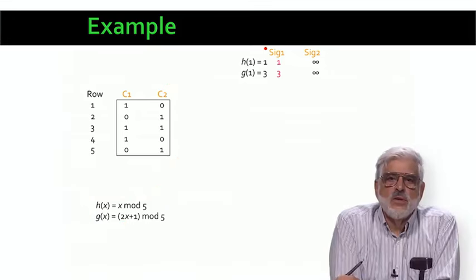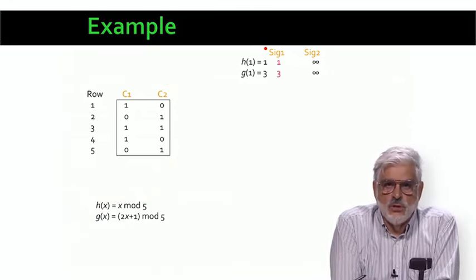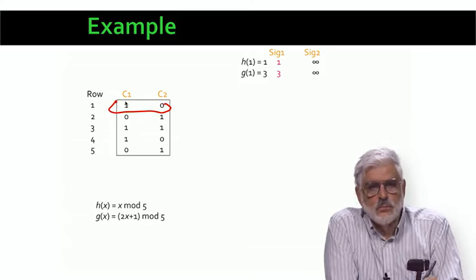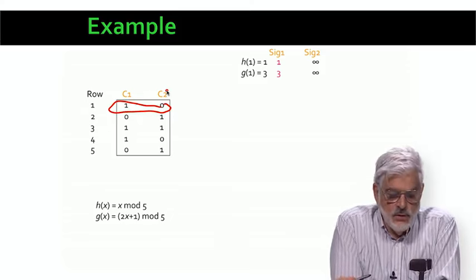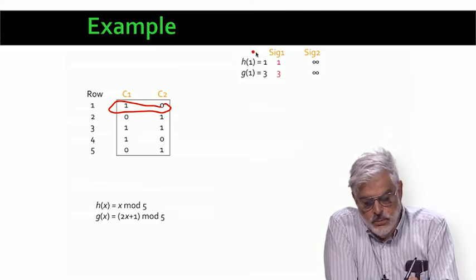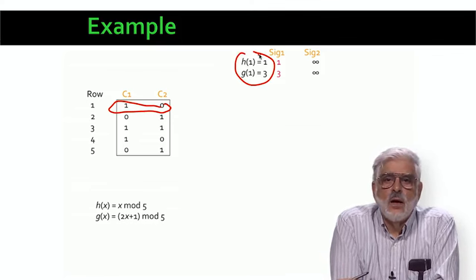Okay, we're ready to compute the 2 components of the signatures for each of these columns. Remember that initially we assume all slots are infinity. Begin by looking at the first row. We find h of 1 is 1 and g of 1 is 3, taking them all modulo 5.